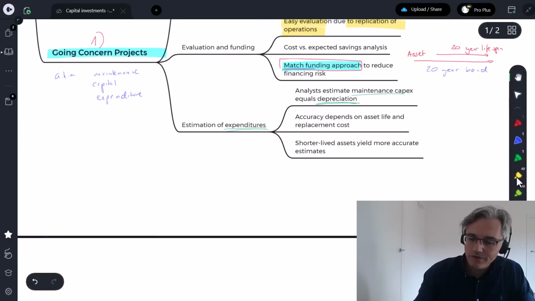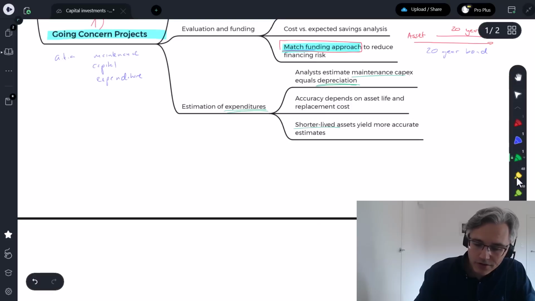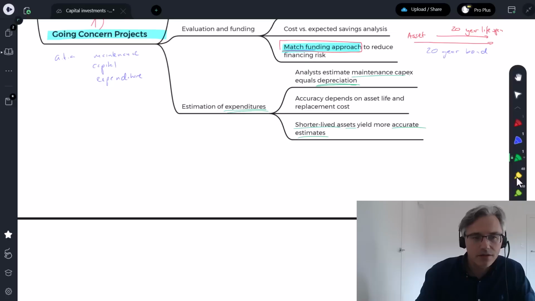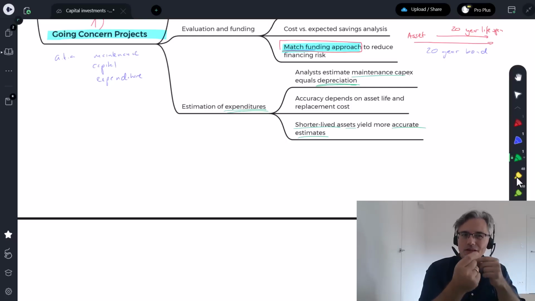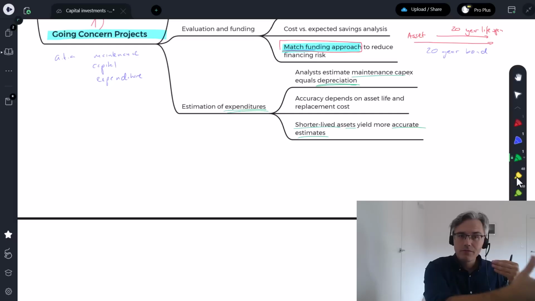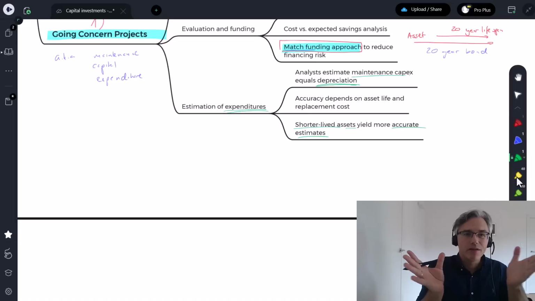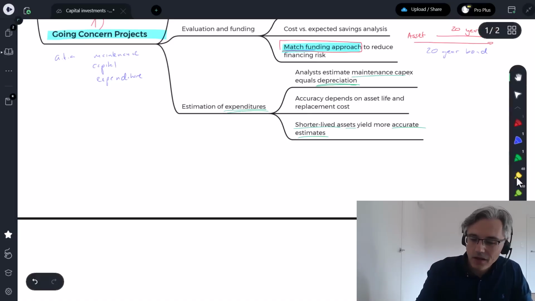And just a final comment here, that for shorter-lived assets, the accuracy of these estimates is going to be much better, because there are fewer question marks about how much it will cost to replace them. Depreciation is a much better guide for replacement cost, because inflation doesn't have so much time to kick in, and there isn't that much room for error when it comes to estimating their useful life.